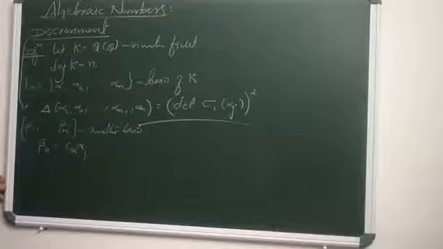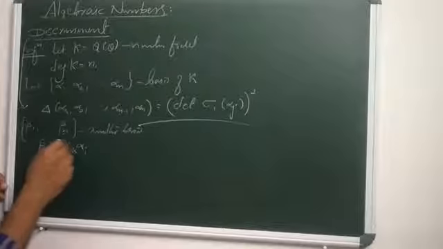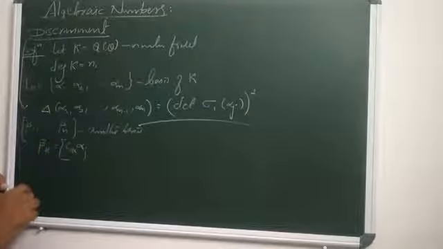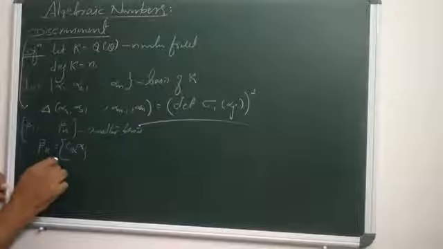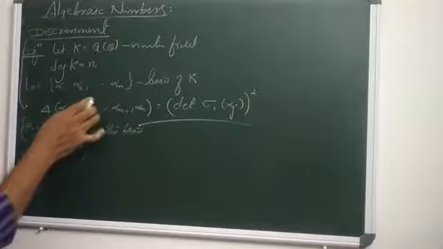Beta k equals the sum of C ik alpha j, where i ranges from 1 to n, a linear combination of the basis alpha 1, etc., alpha n.